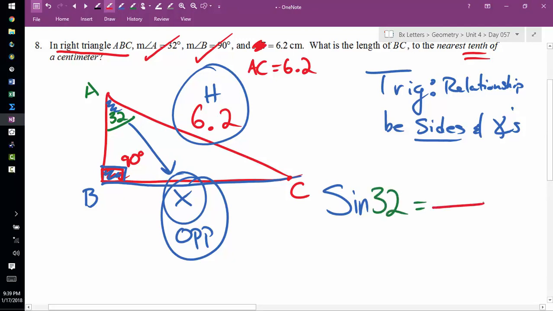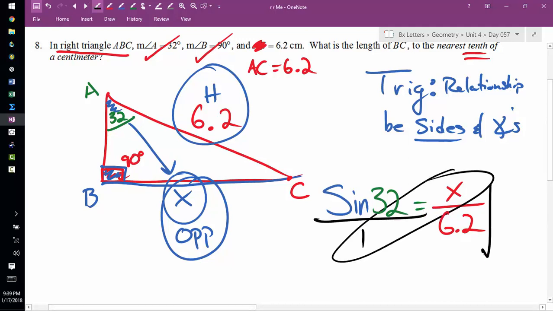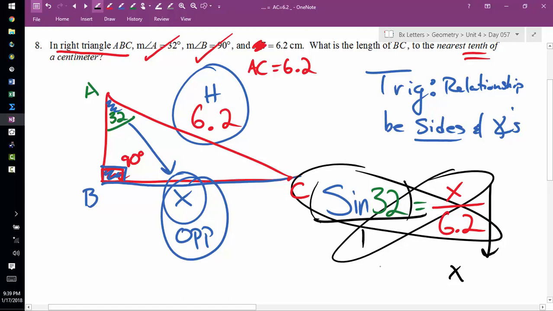My ratio is going to be the opposite x divided by the hypotenuse, 6.2. I'm going to turn sine of 32 into a ratio. So I can butterfly multiply and get x, and then I'll have the trig function goes at the end, right? That sine of 32 should be wrapped in parentheses, right?